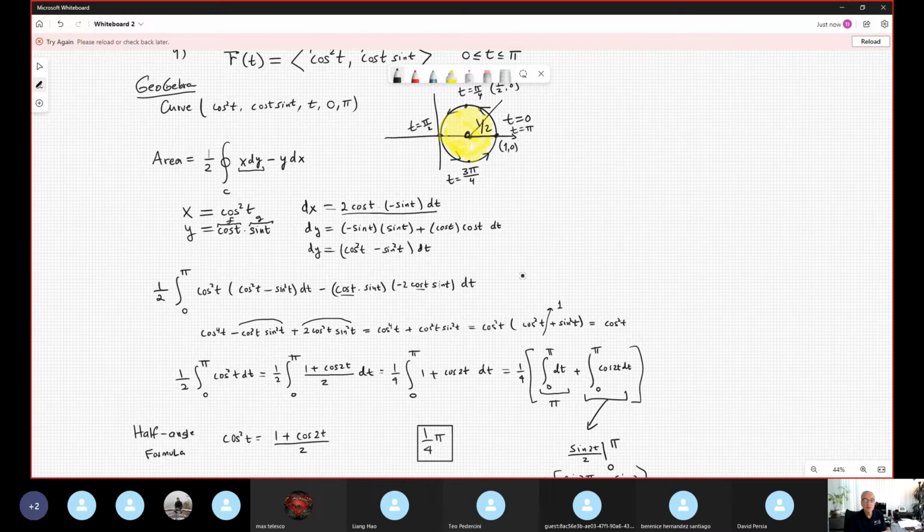Let me see. Yeah, 1/2 is the radius. So I know that the area of the circle is pi times radius squared, and 1/2 squared is 1/4. Pi over 4. We get the same answer without doing anything.